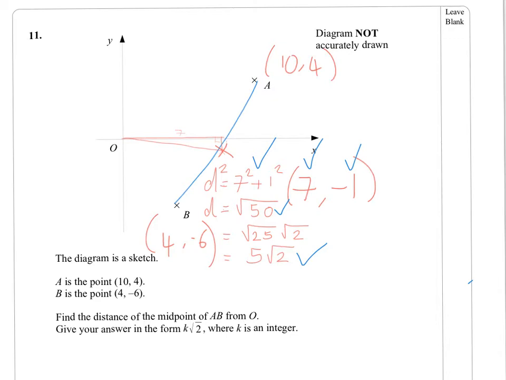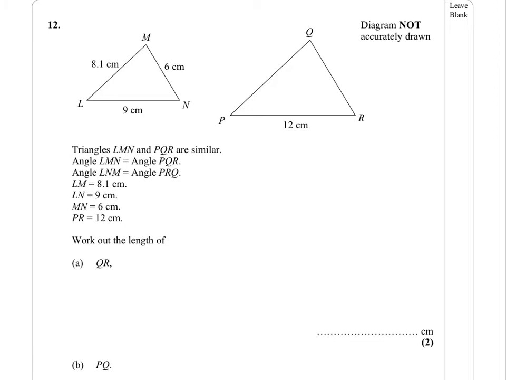Tricky question. For a similar triangle question, it's going to involve a scale factor. It basically means that this triangle here is an enlargement of this one. Each length has been multiplied by something to give the new length.